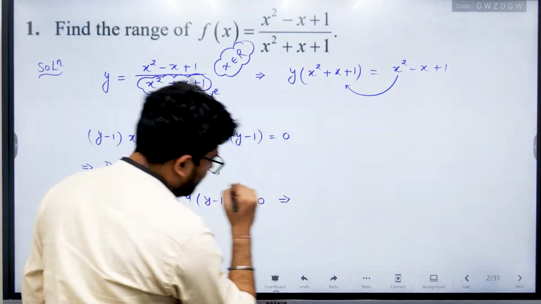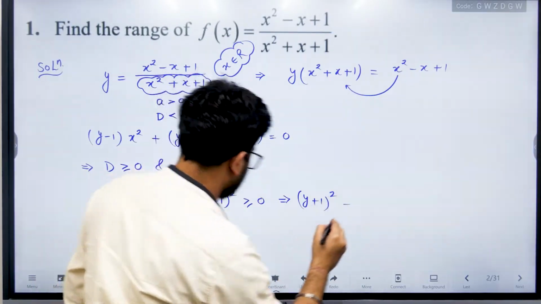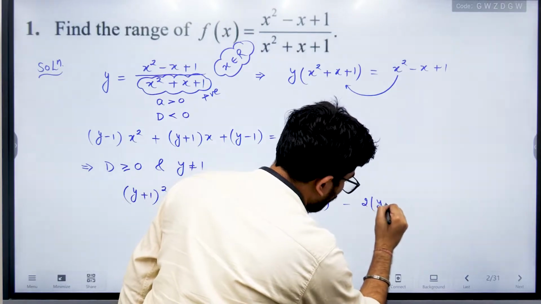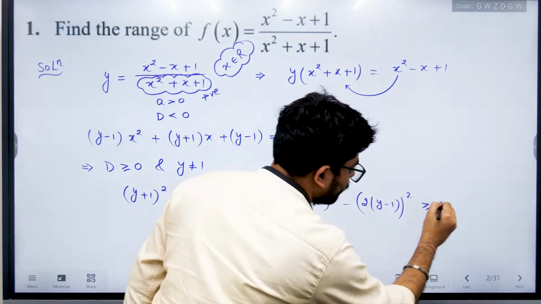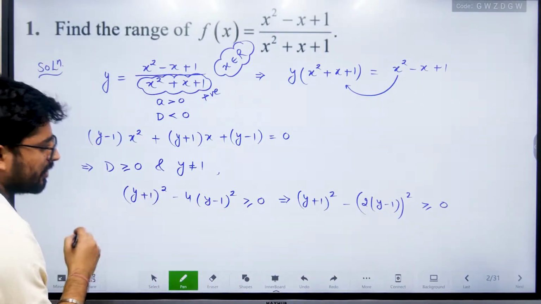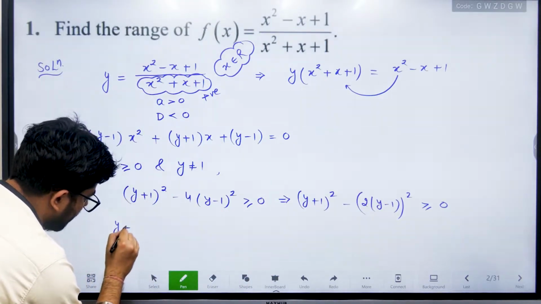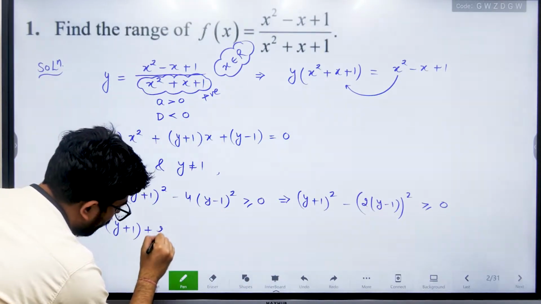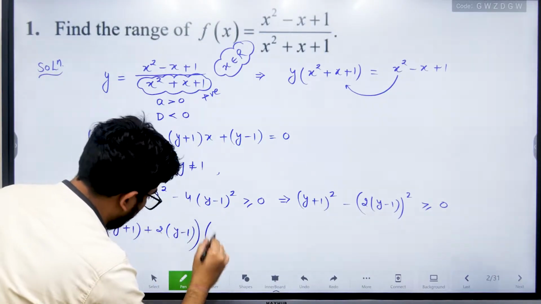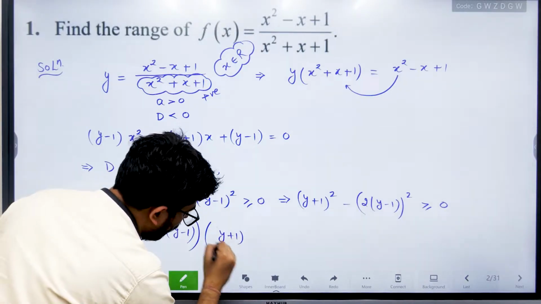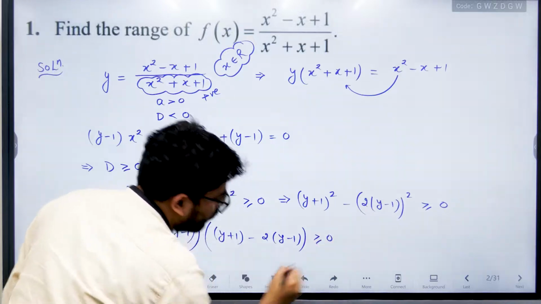You can write this as (y + 1)² − [2(y − 1)]² ≥ 0. A square minus b square gives you (a + b)(a − b), that is greater than or equal to 0.